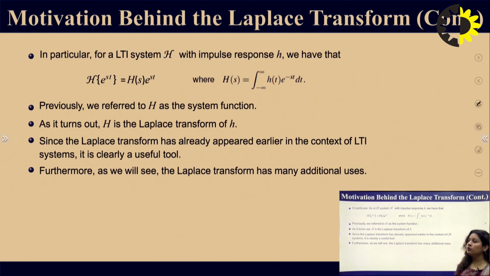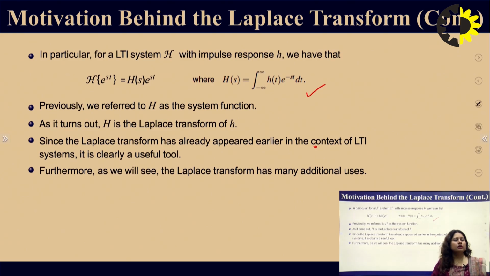So, the motivation behind studying this Laplace transform is that, particularly for an LTI system, that is a linear time invariant system, with impulse response h, we have a formula: H of e to the power st is equivalent to H(s) e to the power st, where H(s) is the integral from minus infinity to infinity of h(t) e to the power minus st dt.